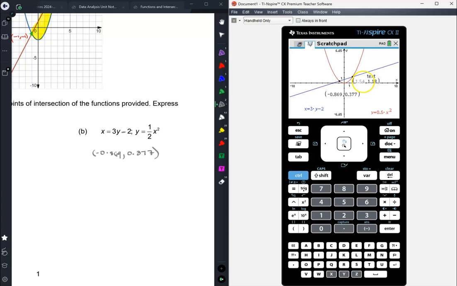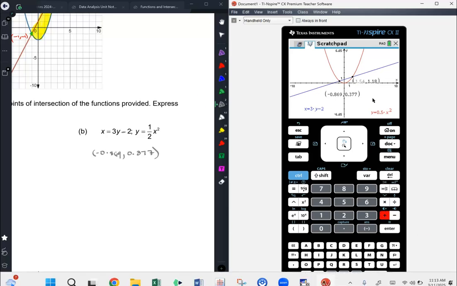And you can go in any direction, it doesn't just have to be up. And try to get, I don't know why I'm not getting more decimal places here. Okay, what did you guys get for the second one?